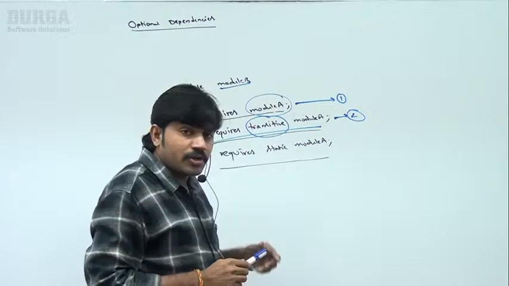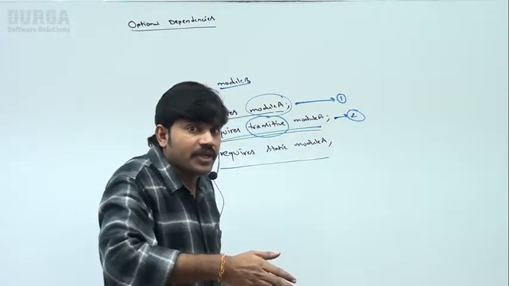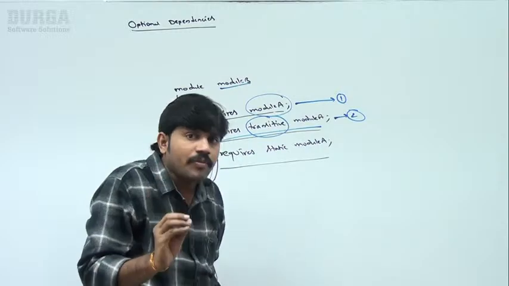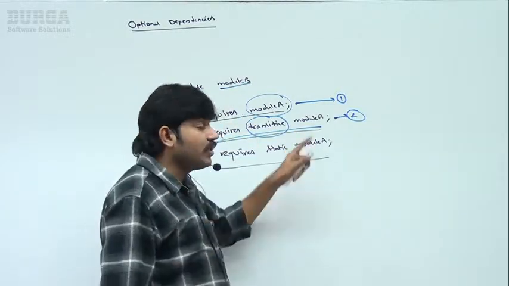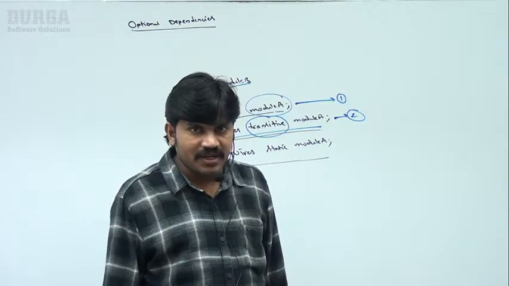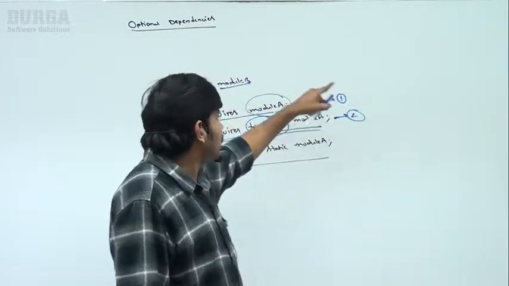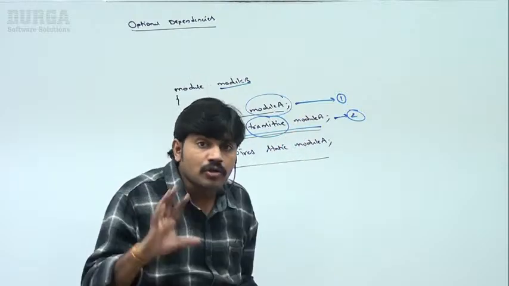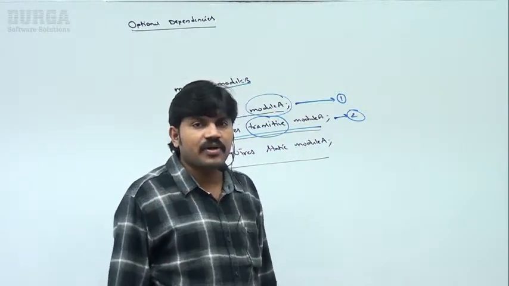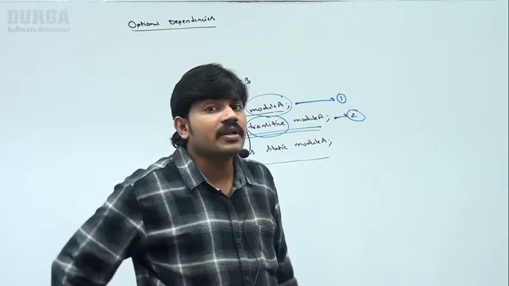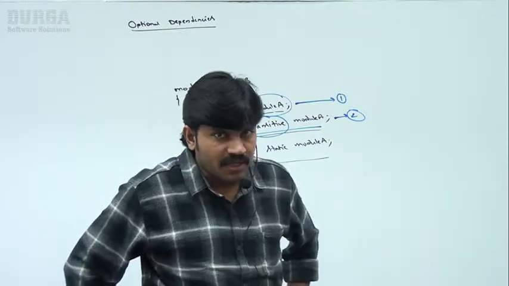Module B requires module A not only for module B. If any other module requires module B, automatically module A is available for it. This is implied readability. We are not required to provide it explicitly; it is automatically available. That is the property of the transitive keyword.